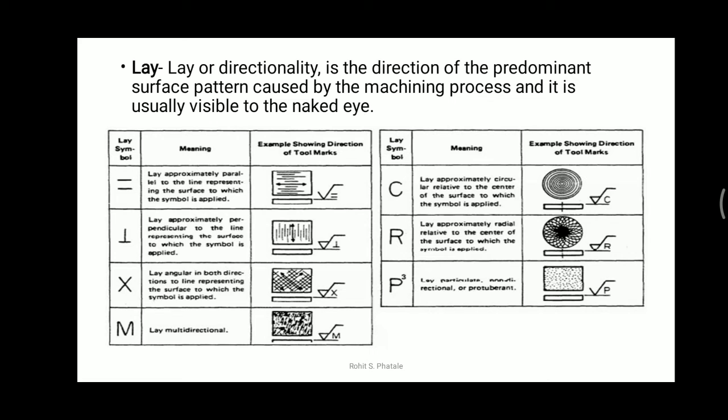In order to indicate this type of machining process, we use this symbol; there is one sign like this, and under that sign we write the letter C. So these are the different symbols that the designer uses in order to get the final finished product from the machinist. When the machinist sees this symbol, he will machine the product with this pattern, or this direction of lay.